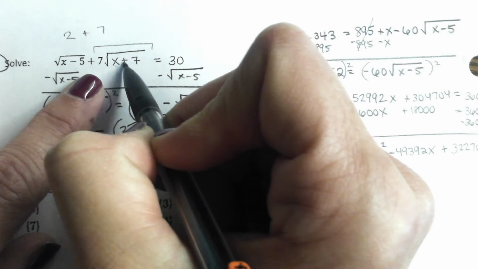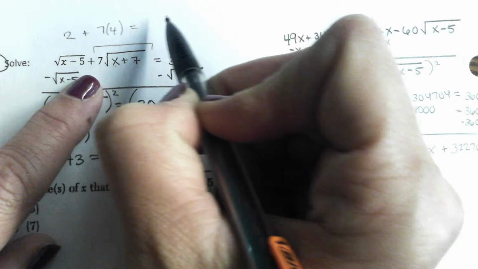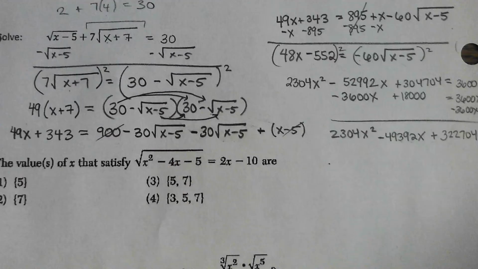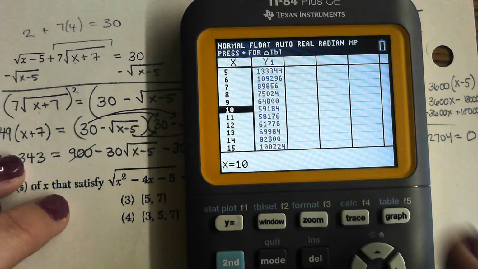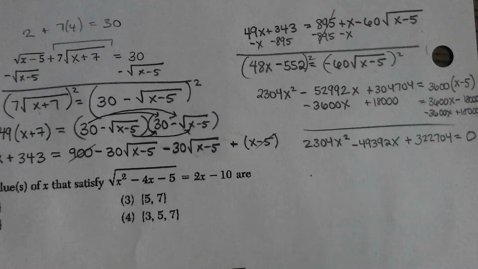Square root of 4 is 2. 9 plus 7 is 16. Square root of 16 is 4. Oh, it is 9. I'm sure we made a mistake with these massive numbers, because that's clearly not the answer to our quadratic. So I'm not going to go through there and find it. We obviously did make a mistake.